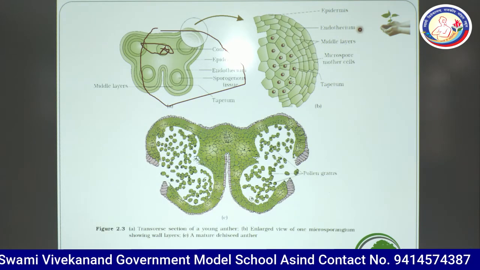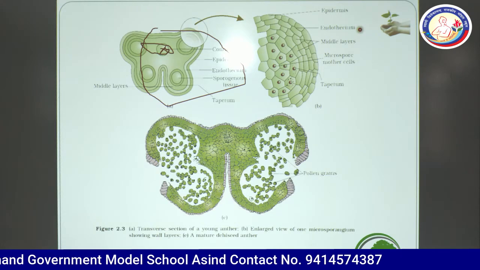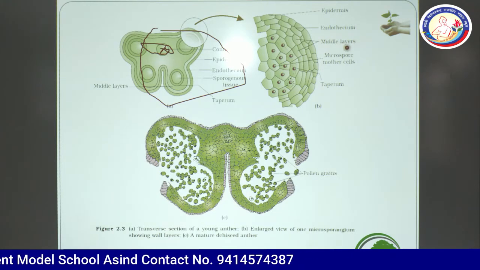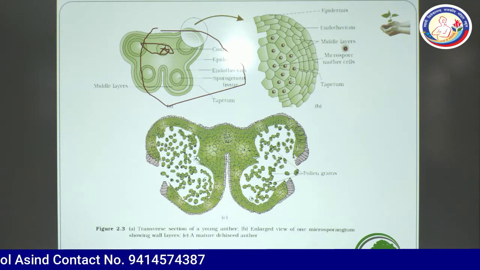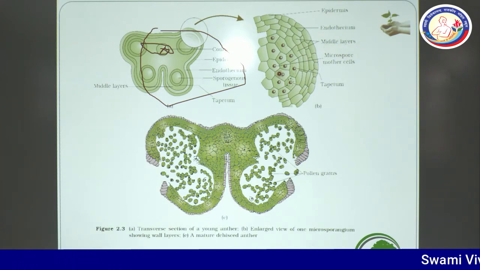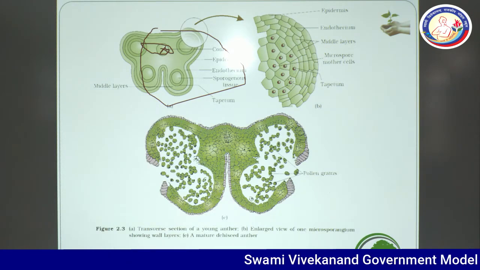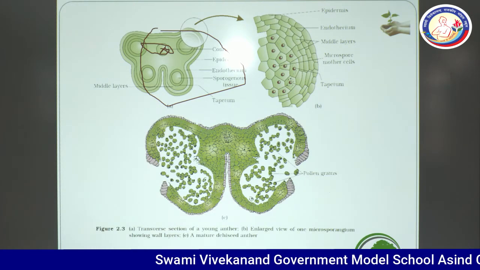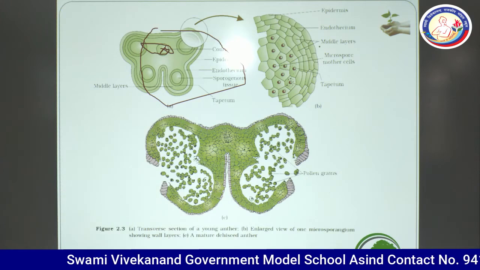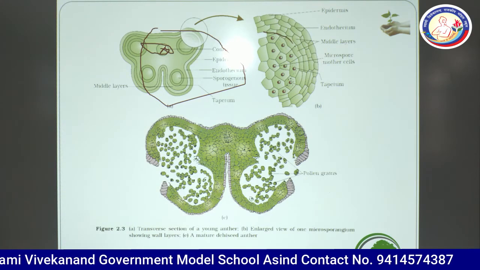This is endothecium, and another inner layers, which may be more in number, 2 or 3 or 4 layers. These are known as middle layers, and this is the important part, this one.